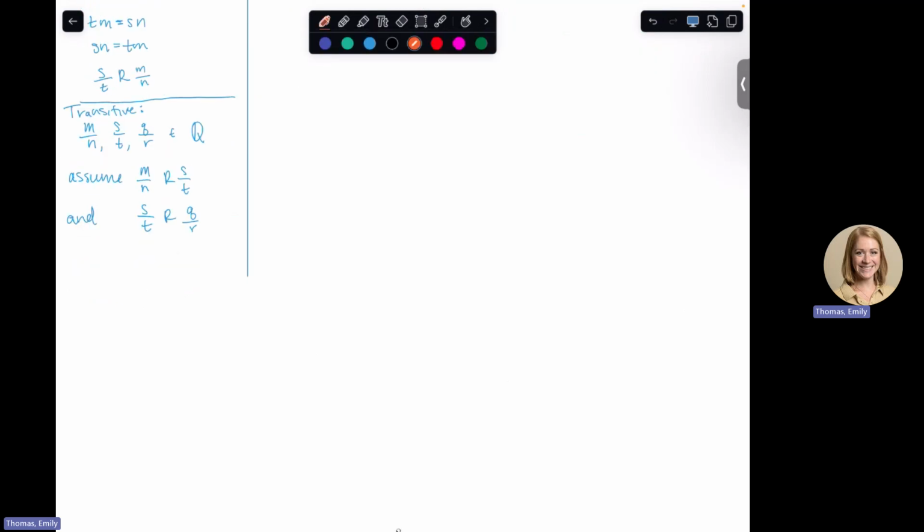What do we want to show? M over N relates to Q over R. So what we have then is that MR is equal to N times Q. That's what we're chasing. What do we have from our assumptions?